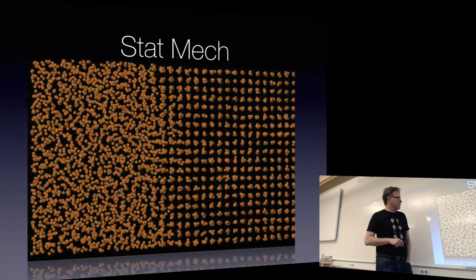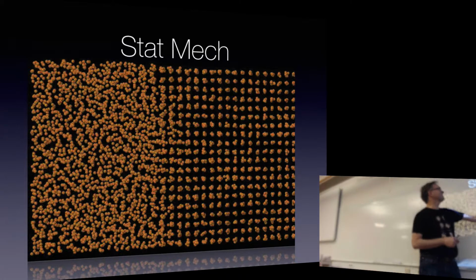And you can start to hint here: if you had to guess, on the left versus right-hand side, which side has higher temperature? So why does the left have higher temperature? It doesn't feel any hotter.